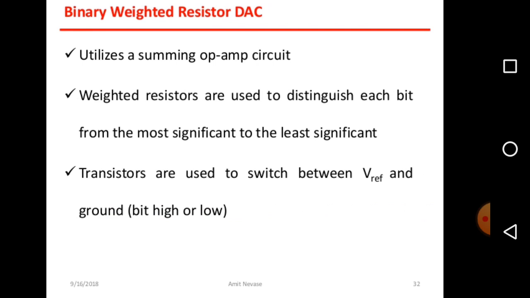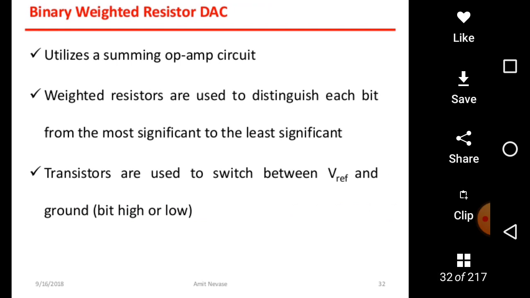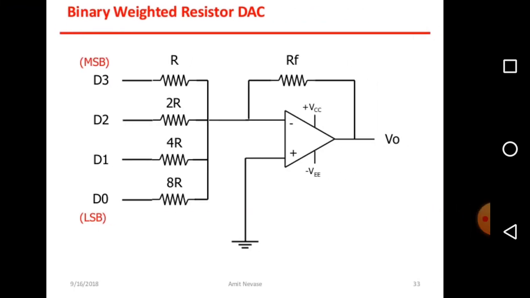It utilizes a summing op-amp circuit. Weighted registers are used to distinguish each bit from most significant to least significant. Transistors are used to switch between V reference and ground, bit high or low. Here you can see the binary weighted DAC diagram, a 4-bit binary weighted register DAC.